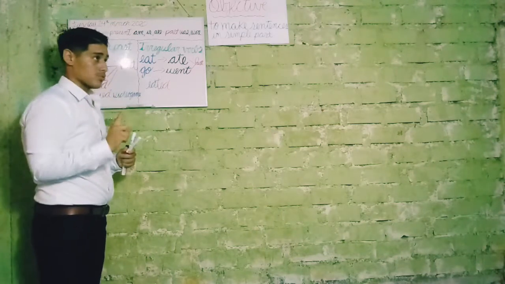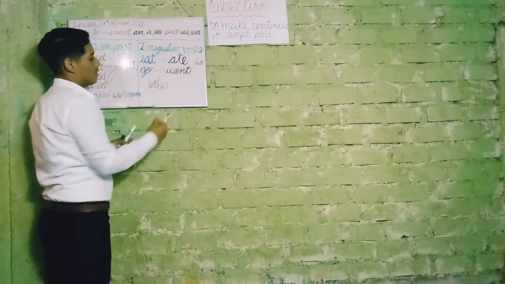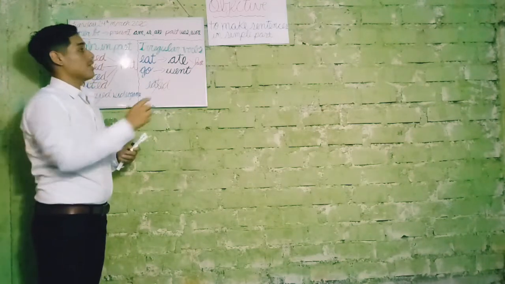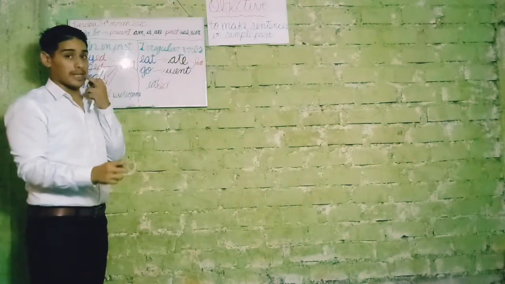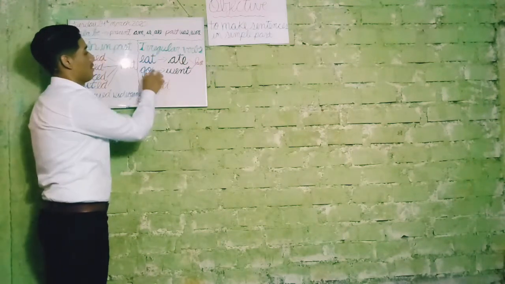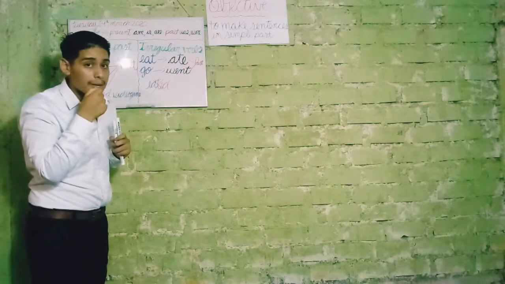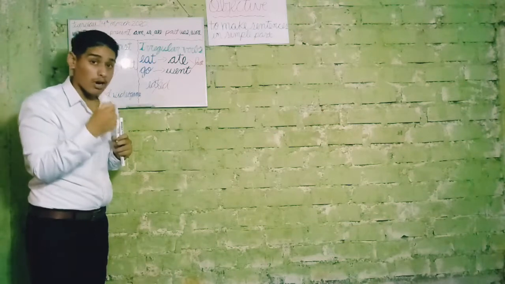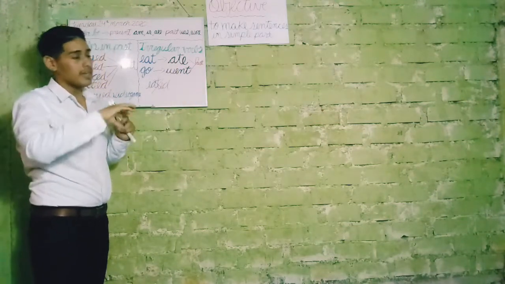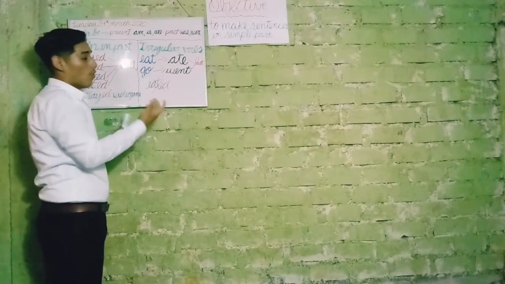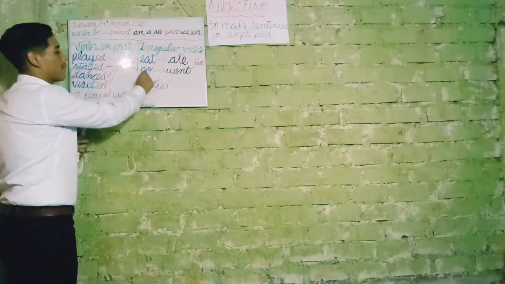It's not possible to say that. That's wrong. Because those are called irregular verbs. In this section, for example, the verb eat in the past becomes ate. That is different.